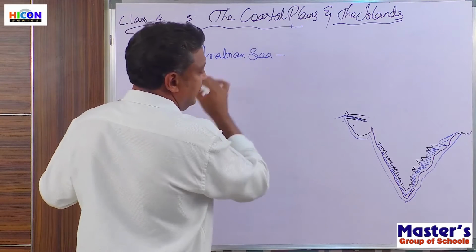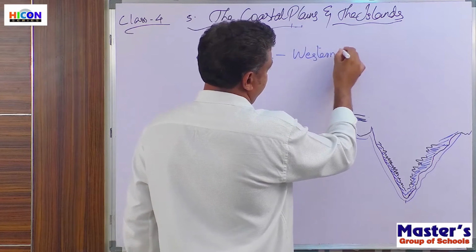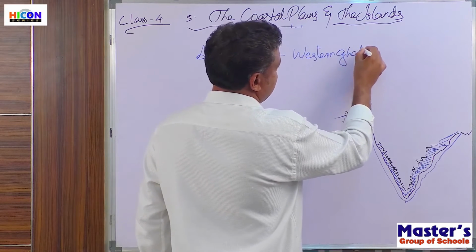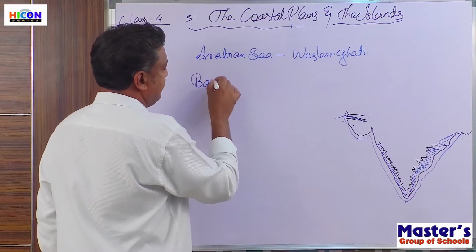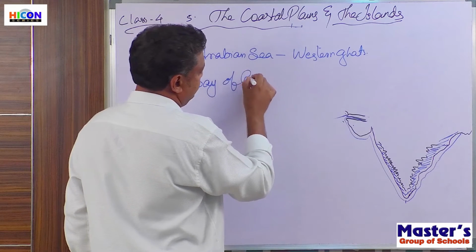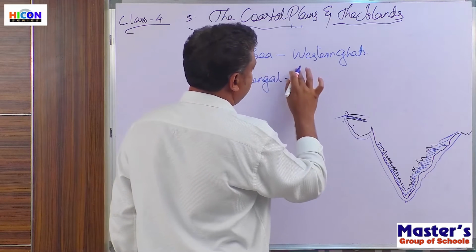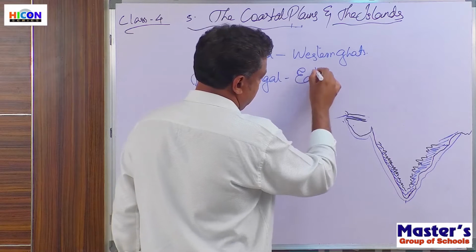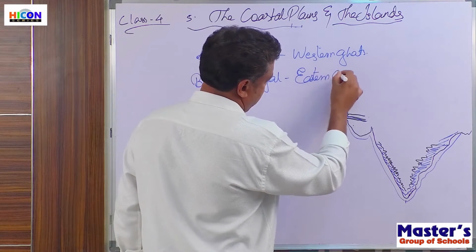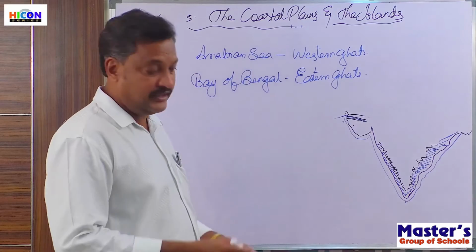So the speciality of this landform is they lie in between the Arabian Sea and Western Ghats. The second, Bay of Bengal and Eastern Ghats, right?